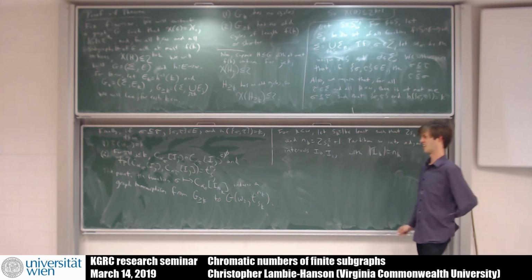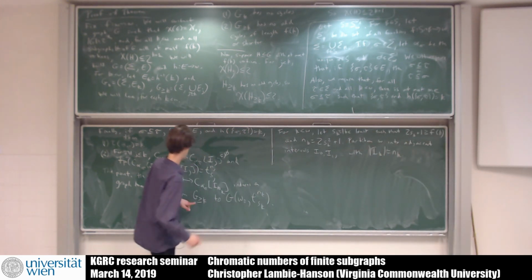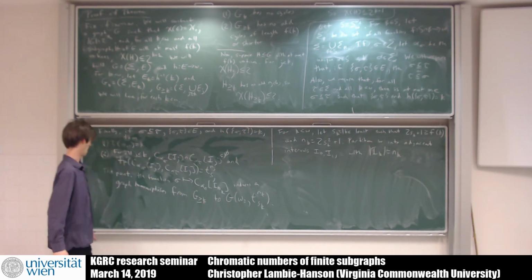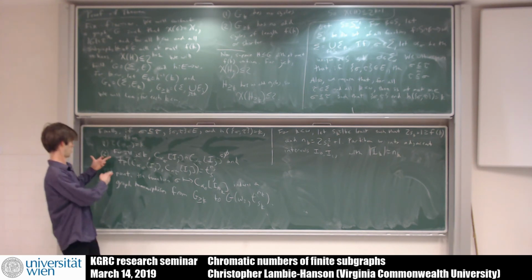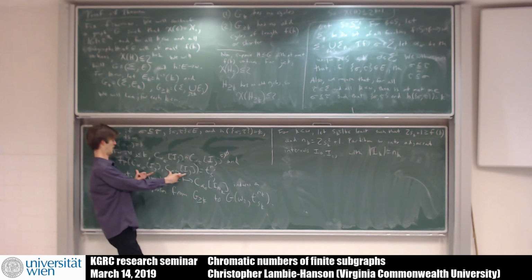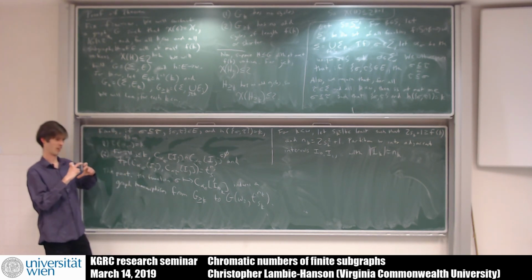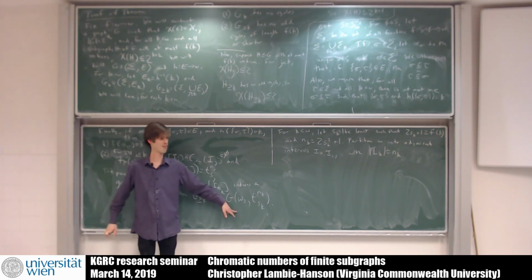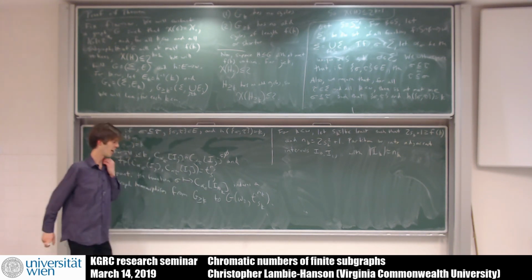Right? Because if two things are connected here, it means they are given color at least k by h, which means that the corresponding pieces of their ladders are in the right configuration to one another to be connected in this graph. Okay?